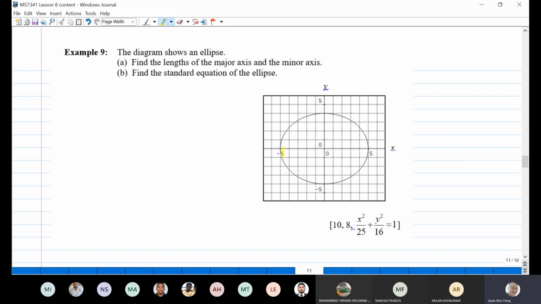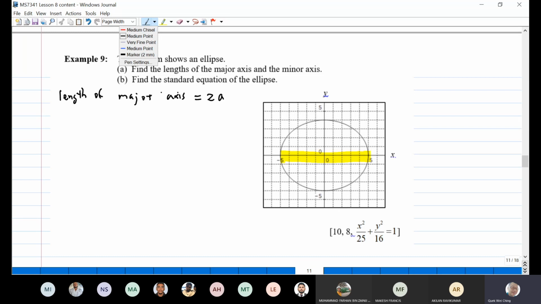So you find the length of the major axis here, which is equal to 2a. This distance is a. So 2 times a is the length of the major axis.